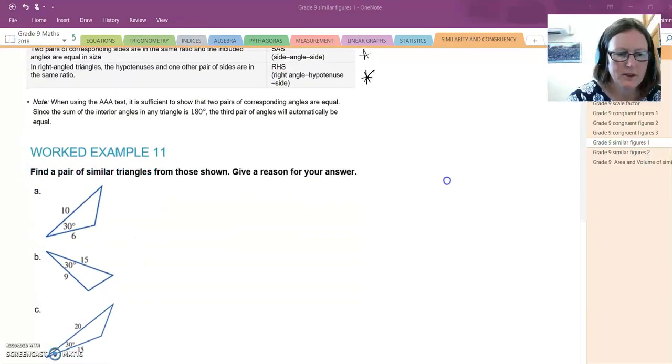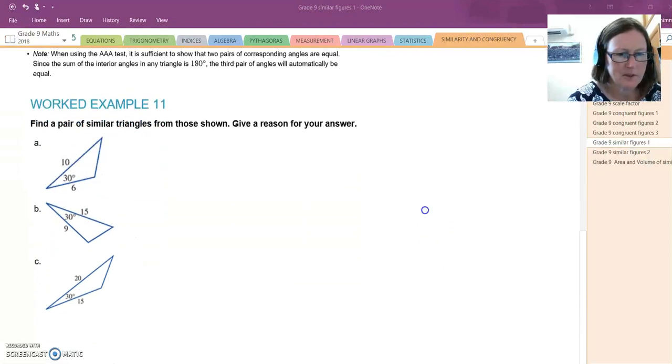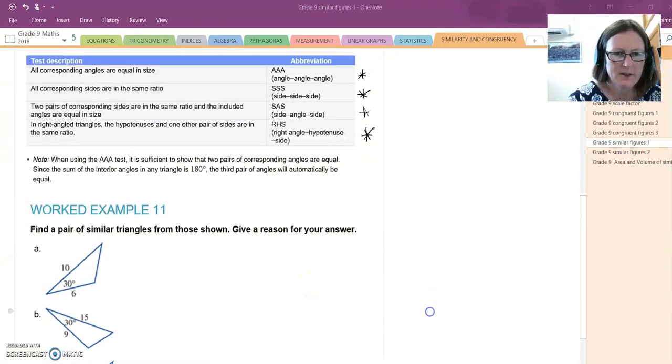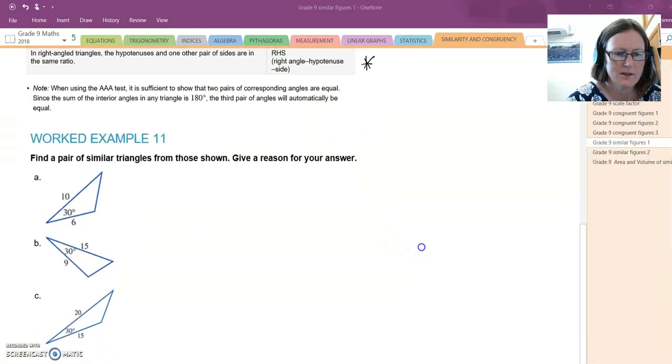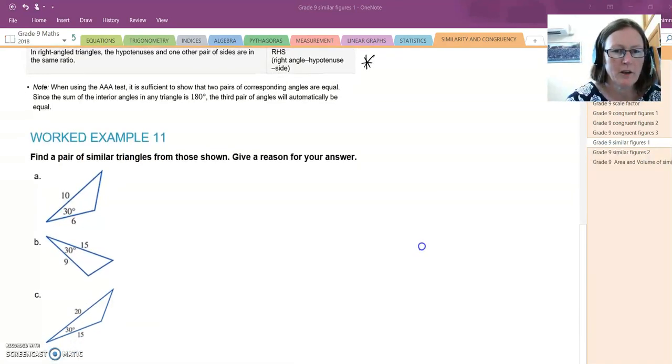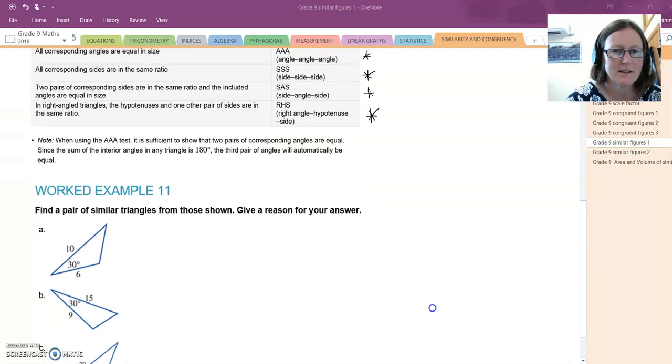So if we look at worked example 11 from our textbook, it says find a pair of similar triangles from those shown below. So which of those triangles are similar? Let's go back to look at our tests. AAA means all corresponding angles are equal in size. We only know one angle, so it's not the AAA test.